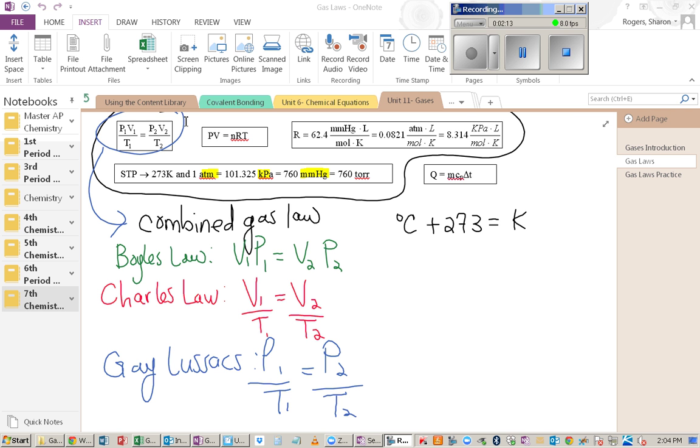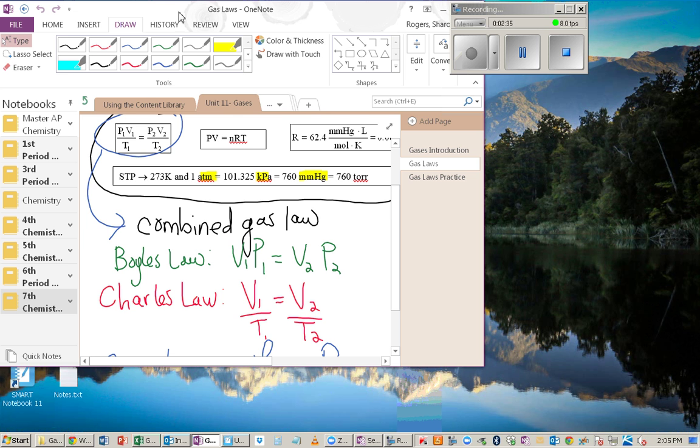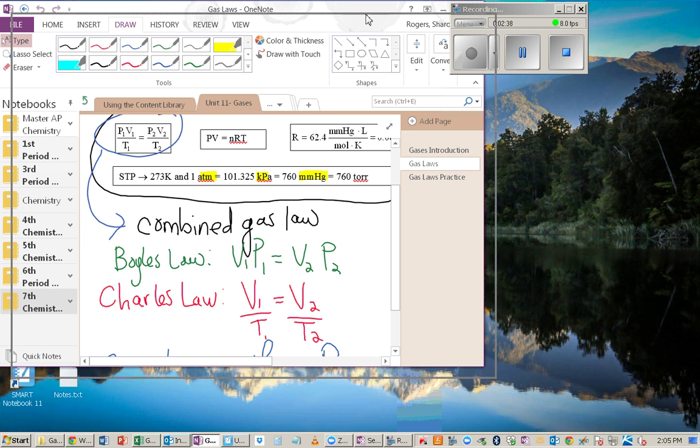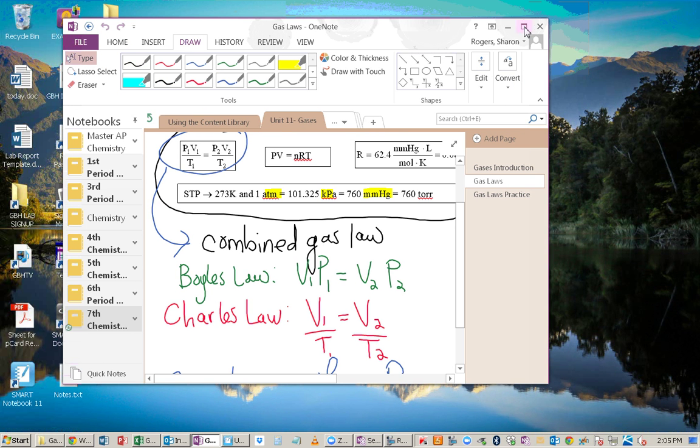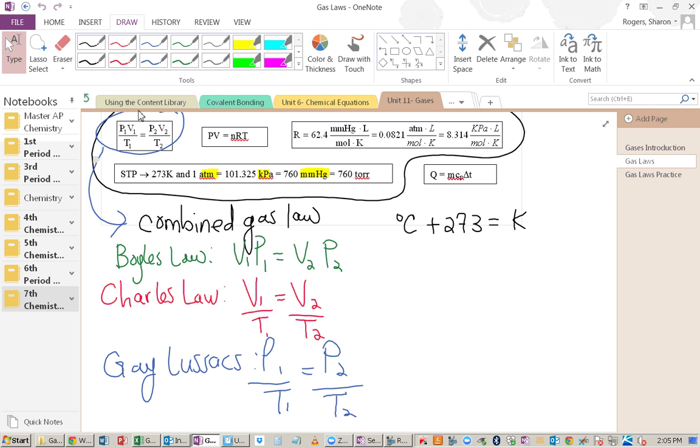So the next thing we talked about are the different variables. Volume: you will most likely be given volume in milliliters or liters. And pressure is going to be one of these four units: atm, kPa, mmHg, or torr.